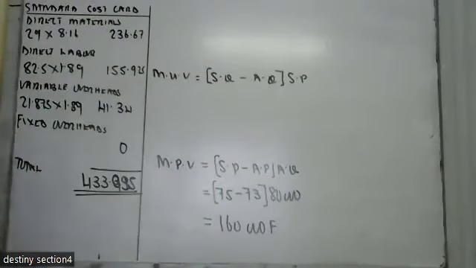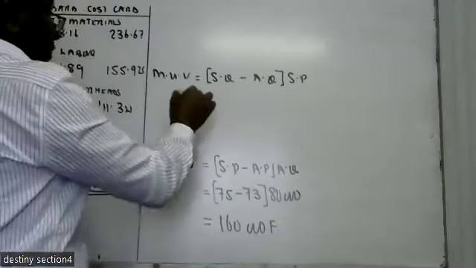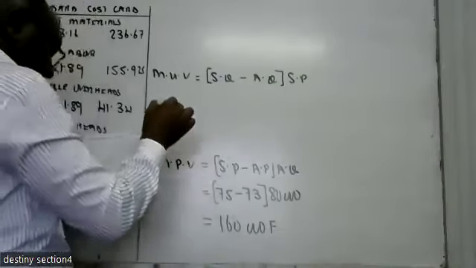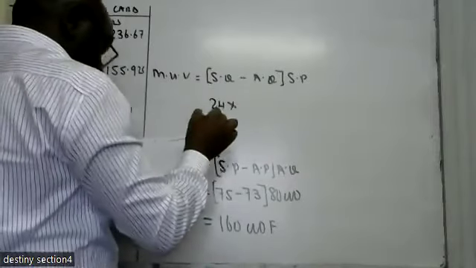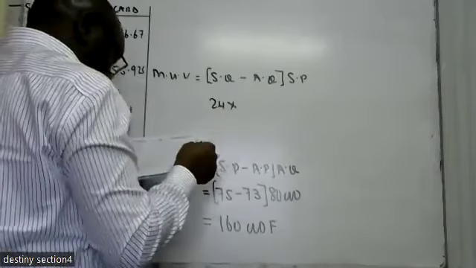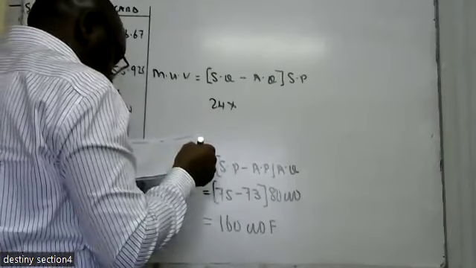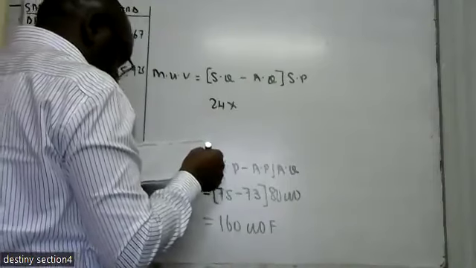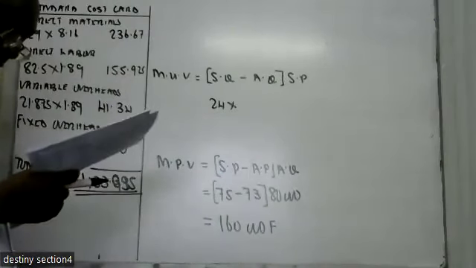Now, the standard quantity is this, we should say 24. 1 unit was supposed to be 24. You multiply by the number of units that were produced. It's not possible to answer because you're not told.